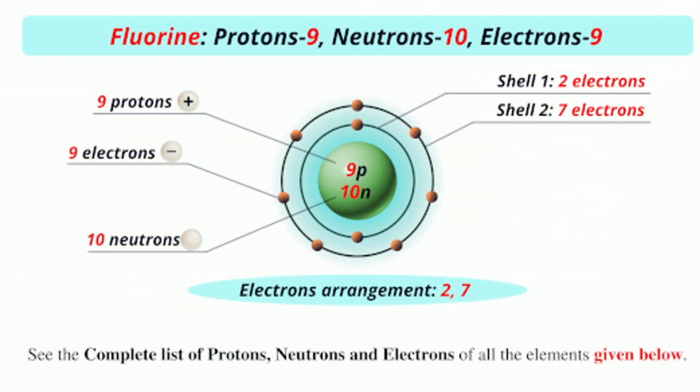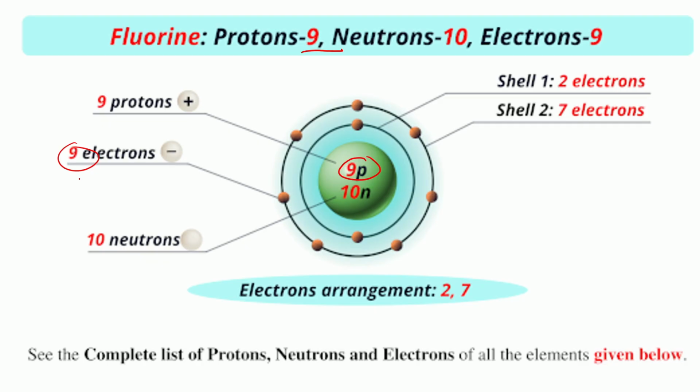Let's look specifically at a fluorine atom. Fluorine, being the most electronegative element, has the atomic number of 9. So a neutral fluorine atom has 9 protons and 9 electrons.